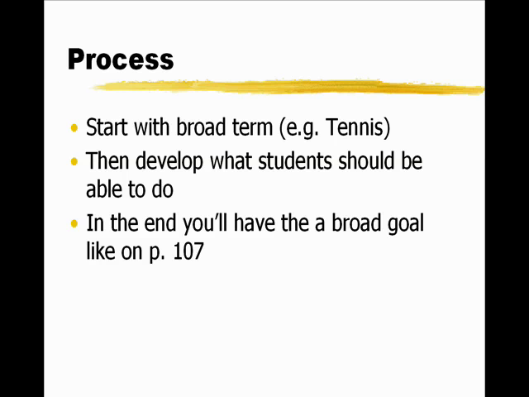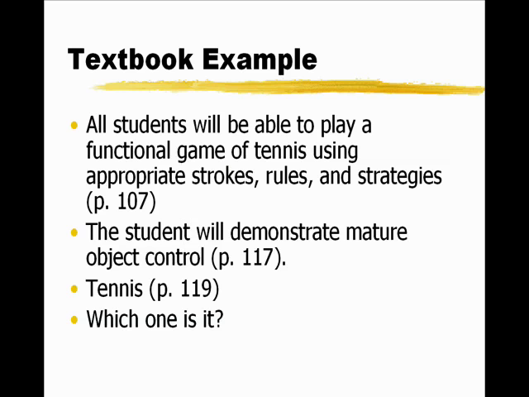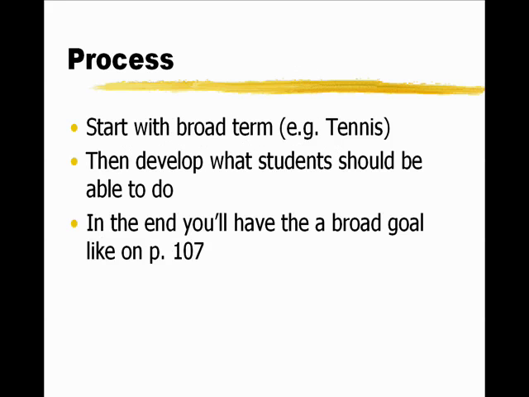Again, these should be based on the NASB, state, federal, district level standards that you have. In the end, you'll have the broad goals like on page 107 in your textbook, which is this one here, the one that gives us more descriptions of that for your project and what you're going to do for your final project.